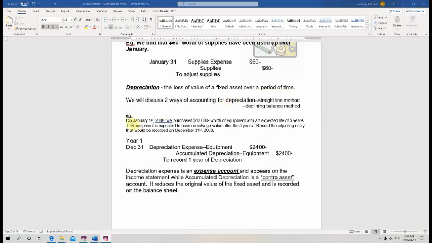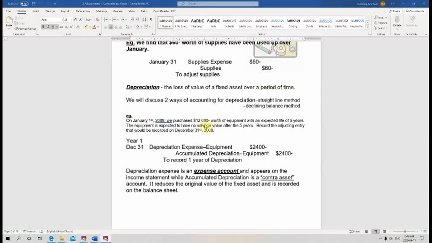On January 1st, 2008, we purchased $12,000 worth of equipment with an expected life of 5 years. The equipment is expected to have no salvage value. Salvage value is what we could sell it at after those 5 years. So really, it's not worth anything after 5 years.